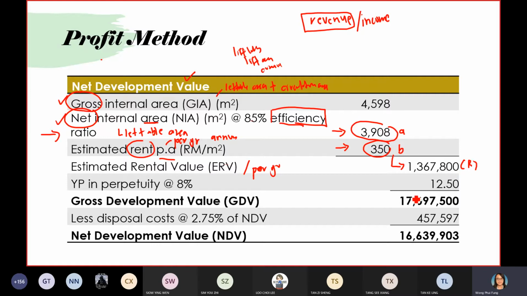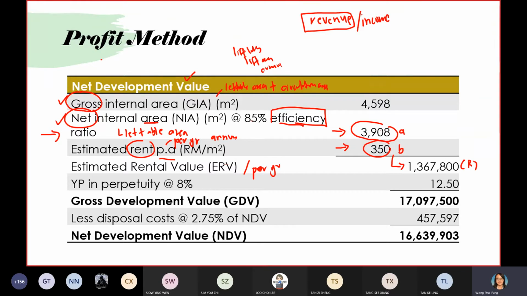Per year. Okay, now I ask you, assuming you all are the owner of Sunway Pyramid, Sunway Velocity, how many years you want to collect the rental? Anyone? Can you let me know or not?